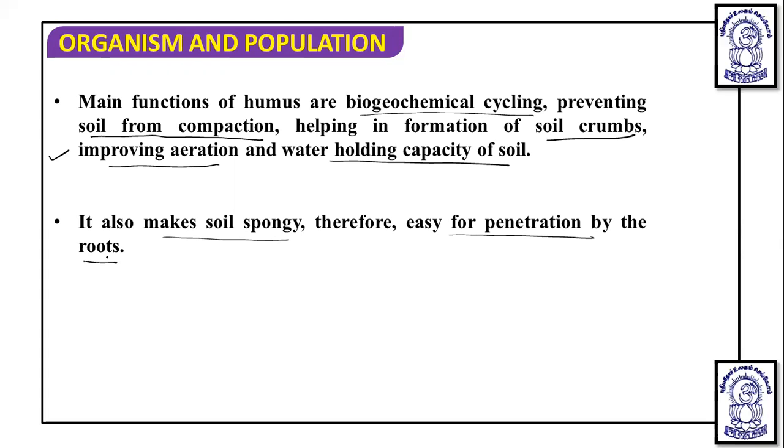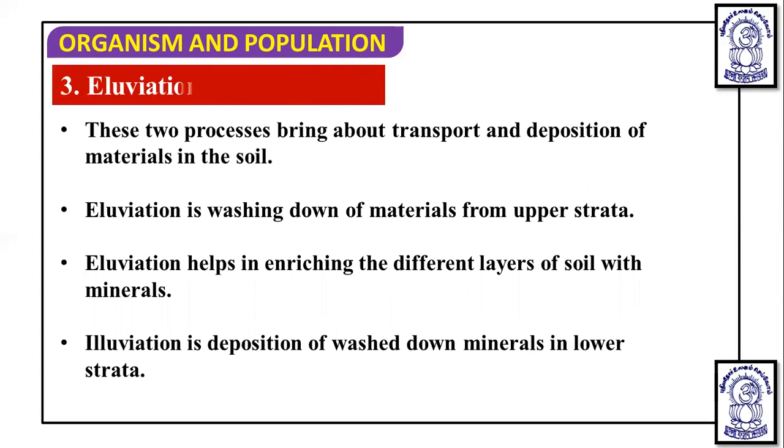Along with humification, the third step is alluviation and elevation. What do these mean? These are the two processes which bring about transport and deposition of materials in the soil. Elevation is the washing down of minerals or materials from the upper strata.